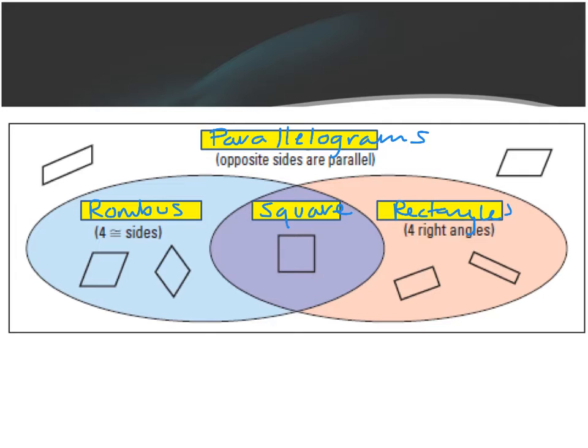A polygon is any shape that has any number of sides, like a triangle, square, rectangle, pentagon. All of those are polygons because poly means multiple sides. Remember, in a parallelogram, the opposite sides are parallel.